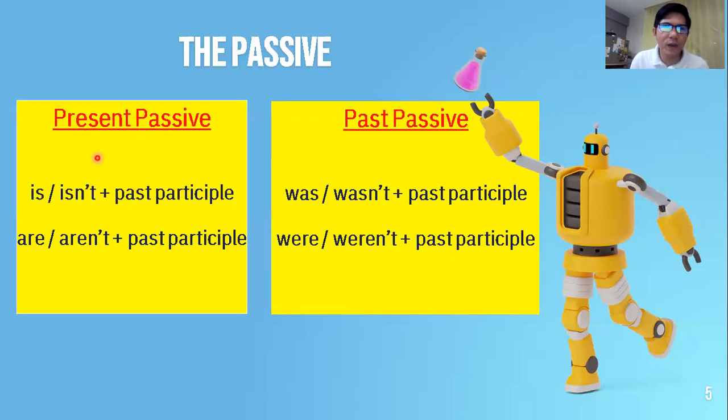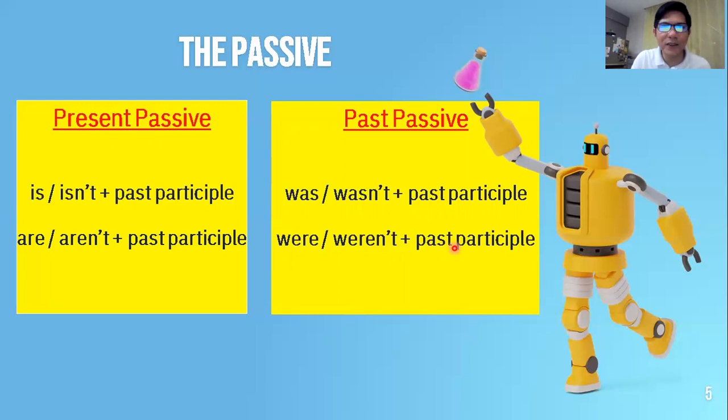In present passive, we use is, isn't, plus past participle. In present passive, we use are, aren't, plus past participle. Whereas with past passive, we just change to simple past. We use was, wasn't, plus past participle. We use were, weren't, plus past participle. All right, I know you got it, and I know you're writing.